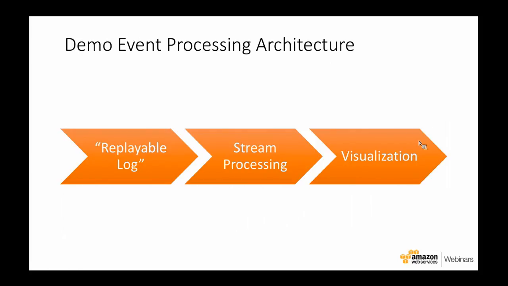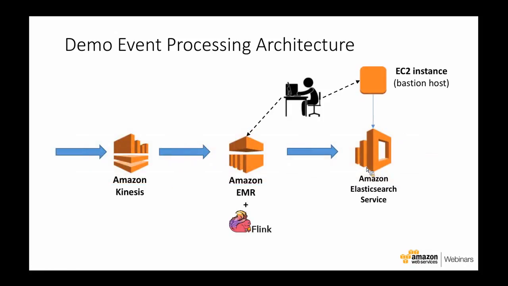Let's talk a little bit about what this demo architecture will include. We're going to have, of course, for stream processing, a replayable log. Okay? We're going to have a stream processor. Of course, that'll be Flink. And then we'll do some interesting visualization. Just to get concrete, what we're going to do is leverage Amazon Kinesis and Amazon EMR with Flink deployed on that.